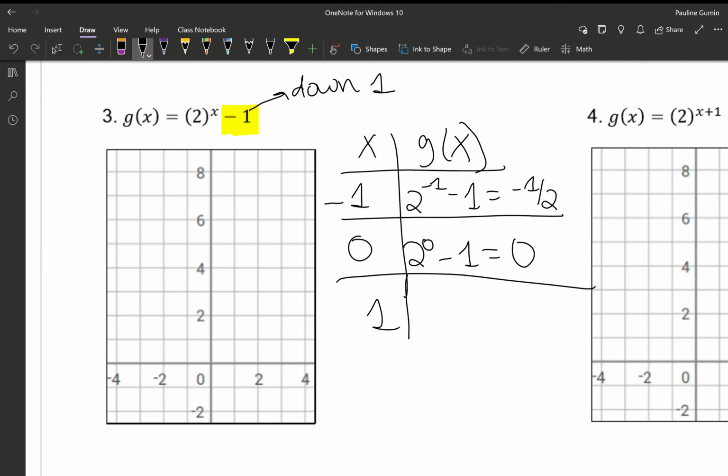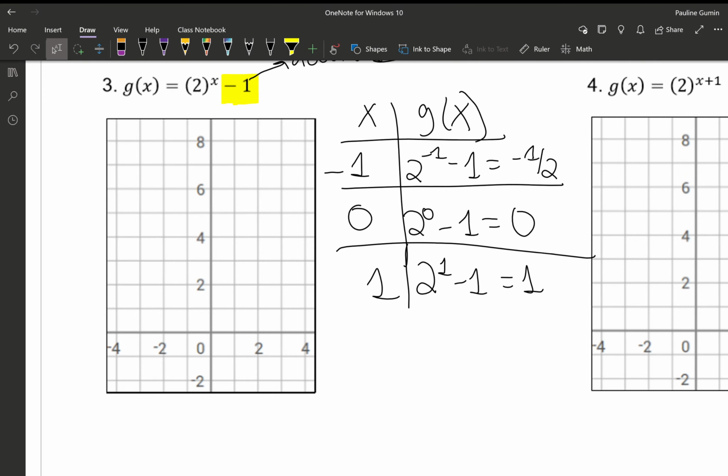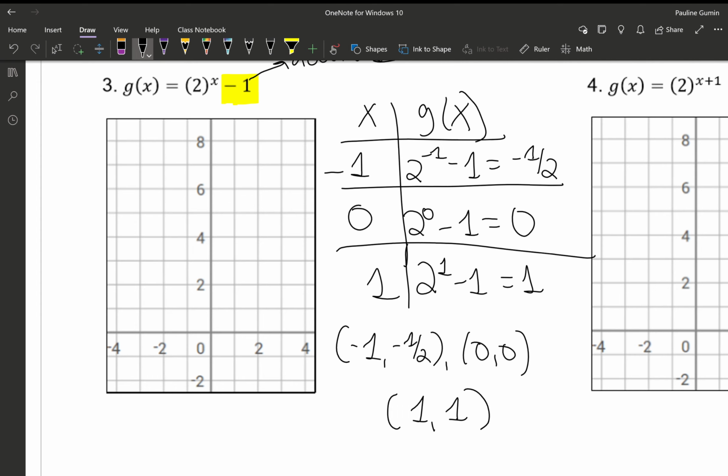And finally, 2 to the first minus 1 gives us 1. And I'm still using -1, 0, and 1 because they're just nice points to use, nice easy numbers to plug in and work with.